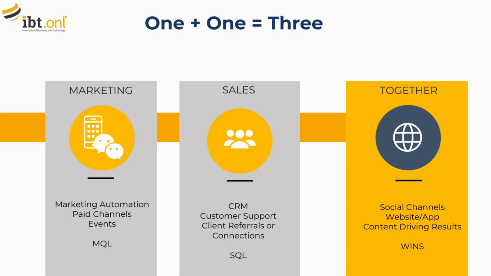So marketing looks at the marketing automation, the paid channels, the events, generating and nurturing a marketing qualified lead. Then with a clear handover to the sales team, who looks at the CRM, maintains the data, looks at client referrals, looks at connection, nurtures the lead up to that demo, up to that quote, and then really together managing what's happening on social channels, what's happening on the website, what content do we need.